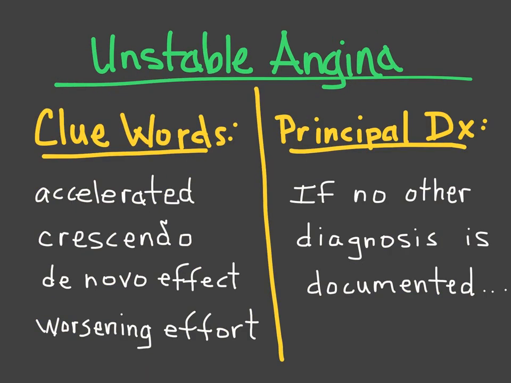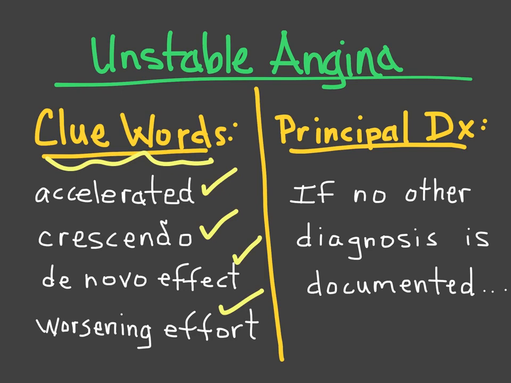It's important to note that unstable angina may not always be documented as unstable. So when you're working in a medical record, some good clue words to keep an eye out for are accelerated angina, crescendo angina, de novo effort angina, or worsening effort angina.